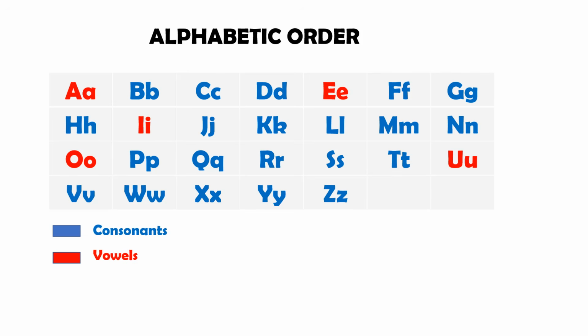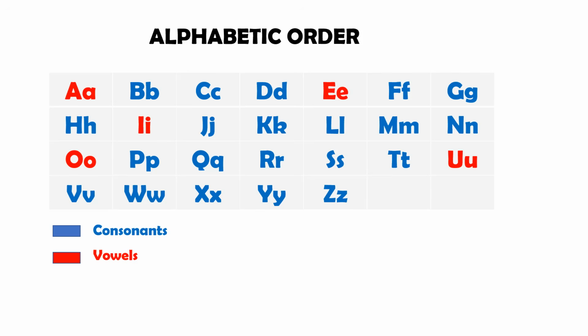The letters marked in blue are the consonants, and the letters marked in red are the vowels. Let's repeat our consonants and vowels one more time.